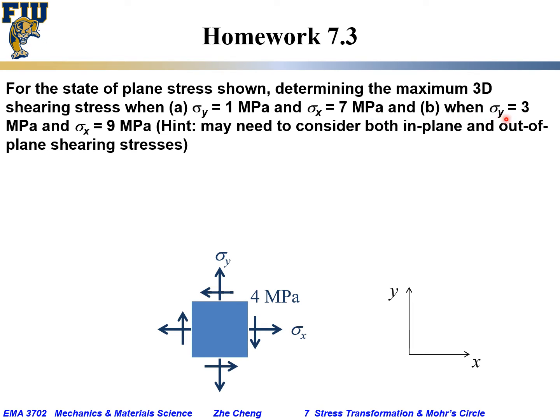Another scenario is when sigma y is 3 megapascal and sigma x is 9 megapascal. Okay, so this is our plane stress state. We give you the shearing stress for the normal. We said two scenarios. For each of the scenarios, we want to determine the maximum 3D shearing stress.